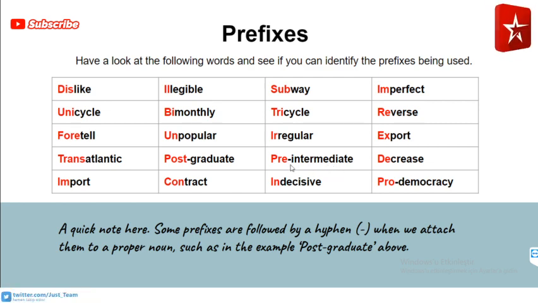So we must use that hyphen there to separate these two. Again, if we look at democracy down here in the bottom corner, again, it's a noun form. We know that because we have this Y ending here. And we are using this hyphen for exactly the same reason. We have the prefix, hyphen, and then we have the noun form.